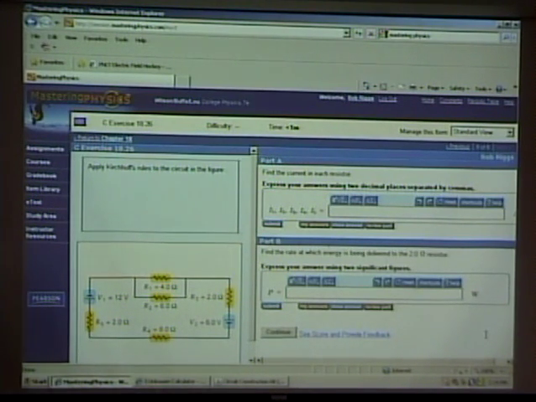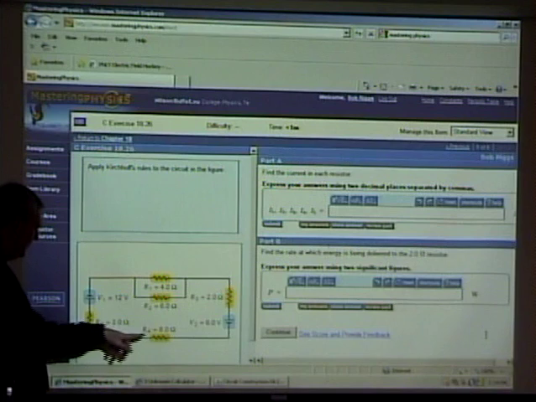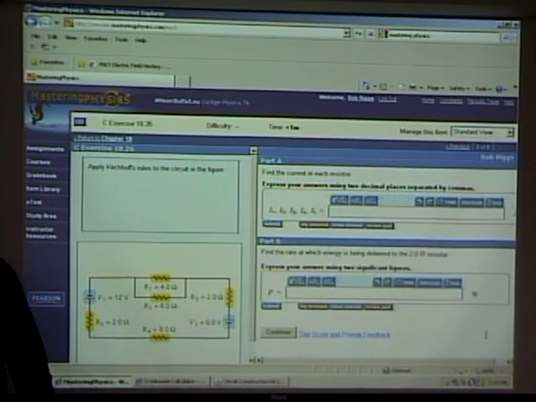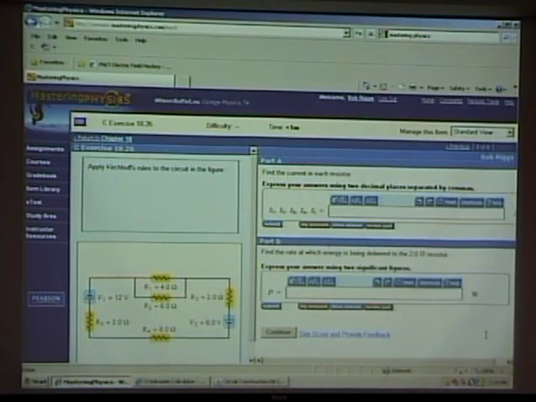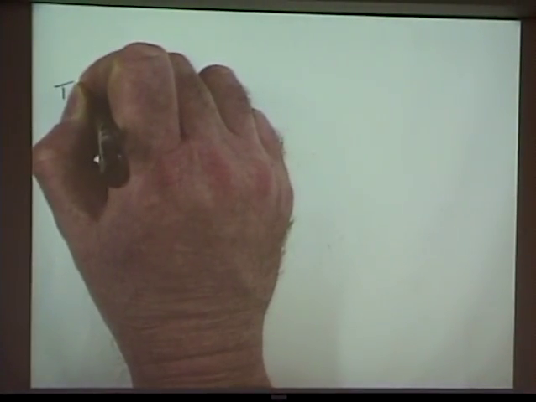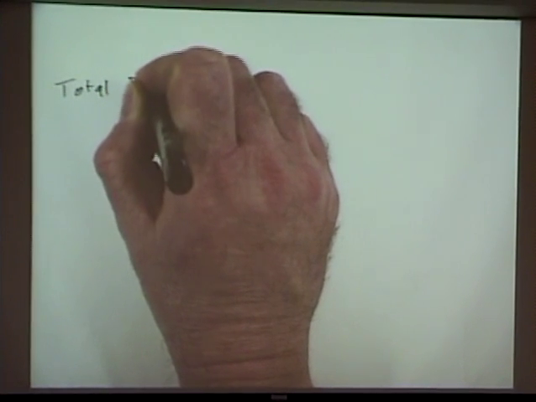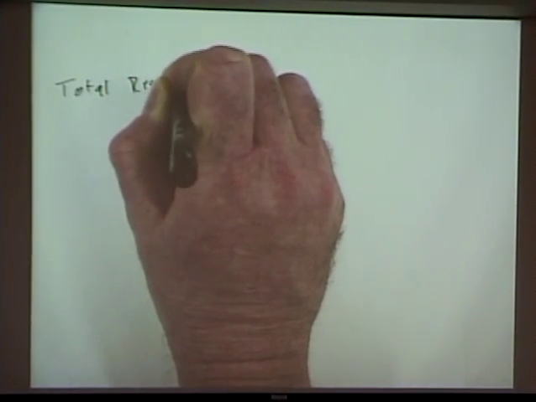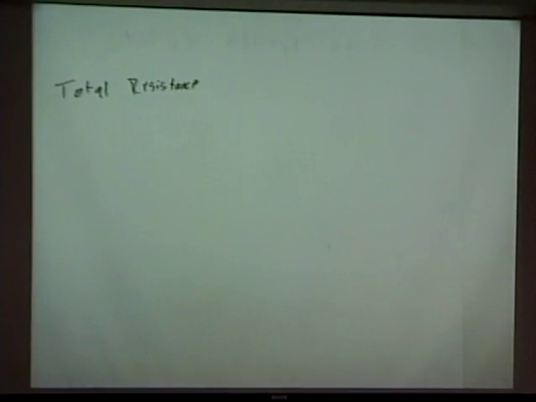Let's set up this problem. I'm going to do the first thing. Let's just find the total resistance. Let's just turn this off real quick. All right, and let's just find the total resistance. Uh-oh. If we find the total resistance here, we've got this.